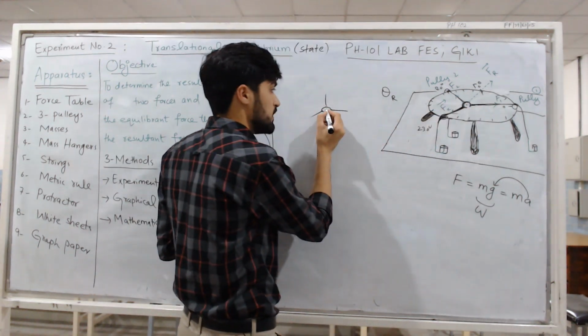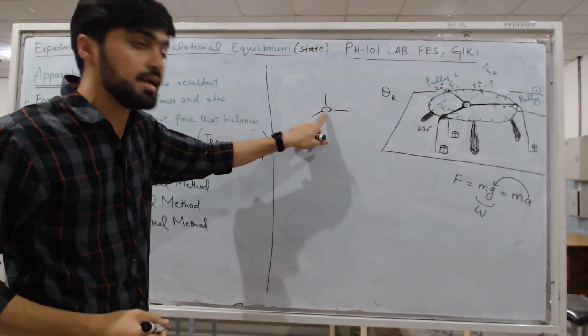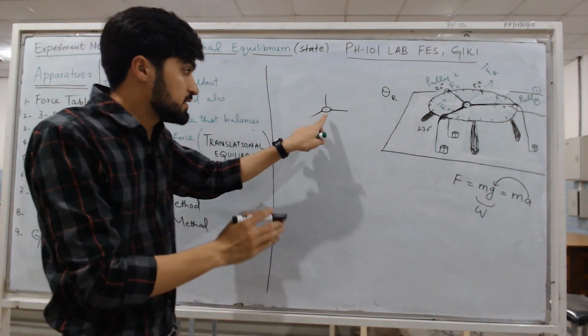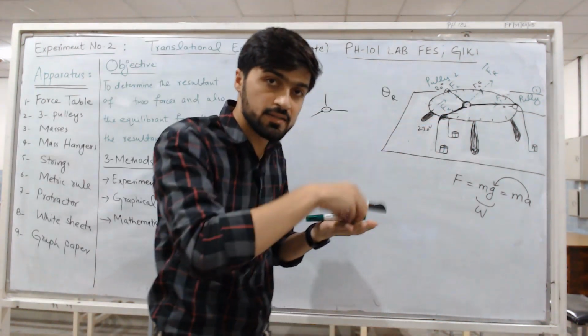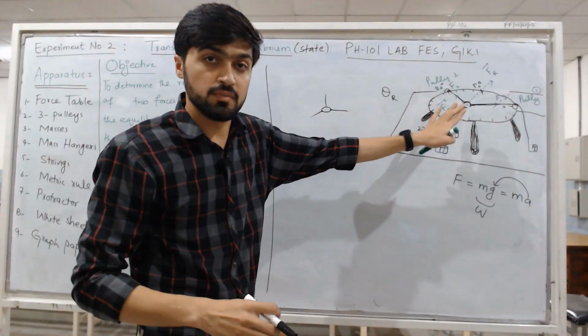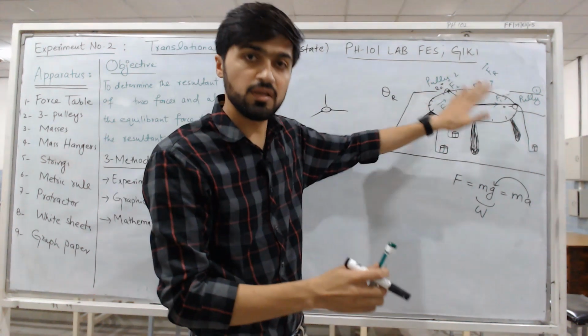You will have to bring the plastic ring exactly to the center, then you will perform your calculations. If it is exactly at the anchor point, exactly at the center, then it means that the system is in translational equilibrium. Then you will proceed. This is the first step: make the system in equilibrium.